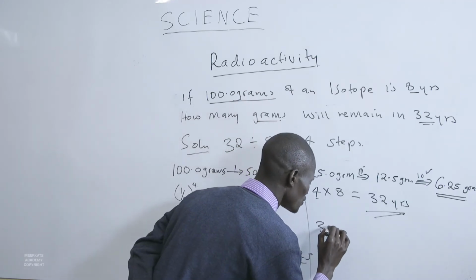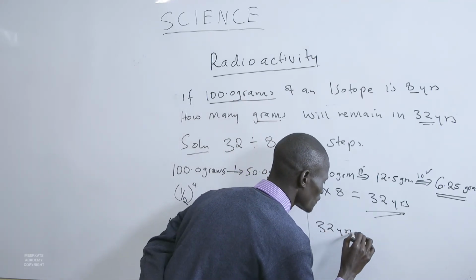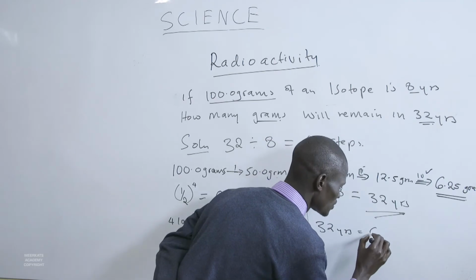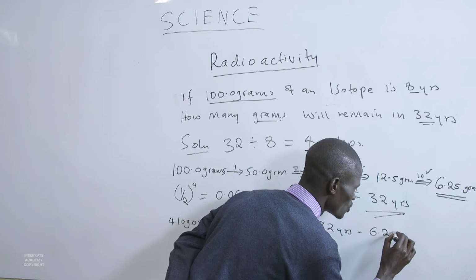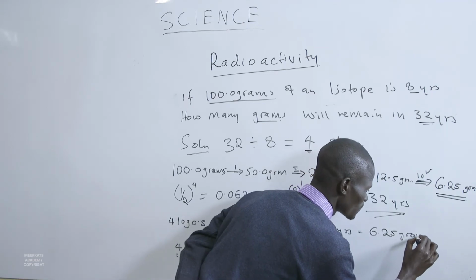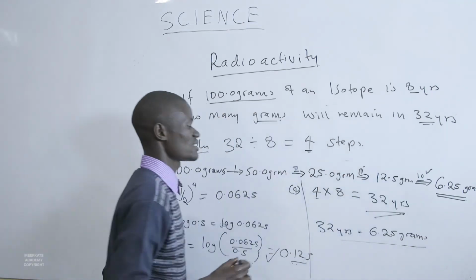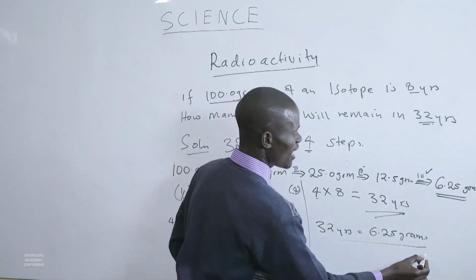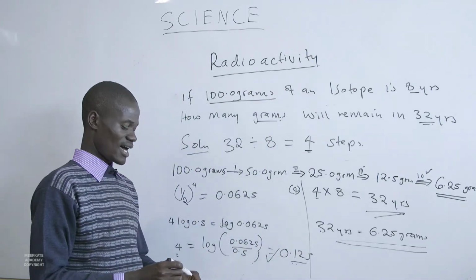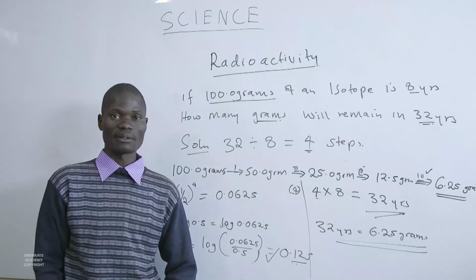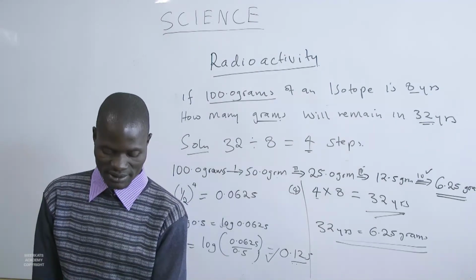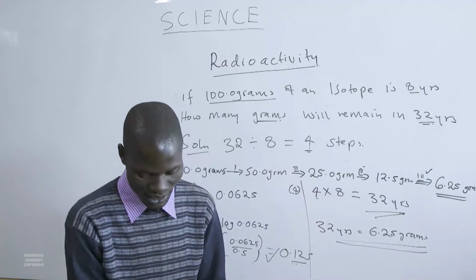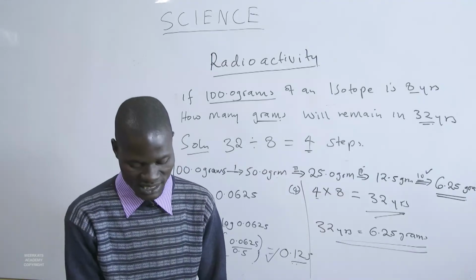And then after 32 years, the mass that will remain is 6.25 grams of that given isotope. And this makes us able to understand various radioactivity and how it has happened.